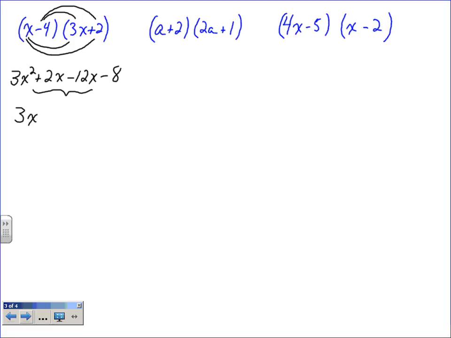So the result now is going to be 3x squared minus 10x minus 8. Okay? By the way, yes, is that called foiling? We're getting there. Okay?